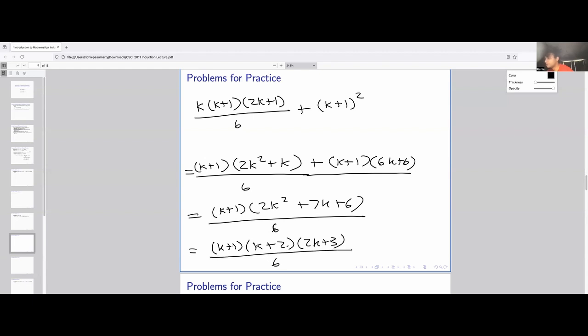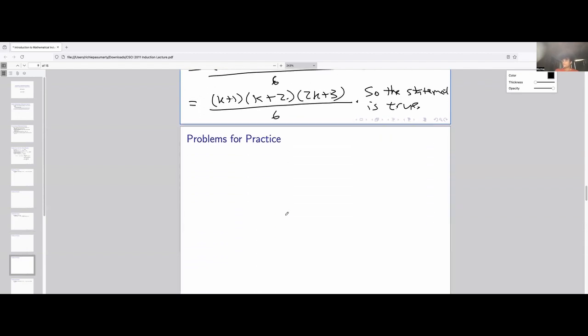So in particular, when I do (k+2) times (2k+3), I will get 2k squared plus 7k plus 6. Okay, so it matches with the expectation from my formula. So at this point, I'm done. Okay, so I'll just say, so the statement is true. Statement, claim, whatever.